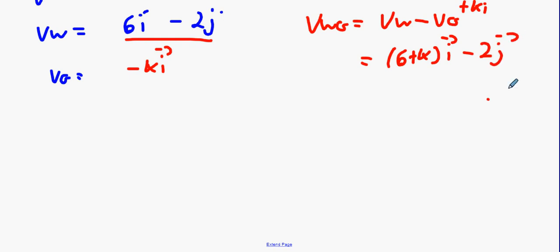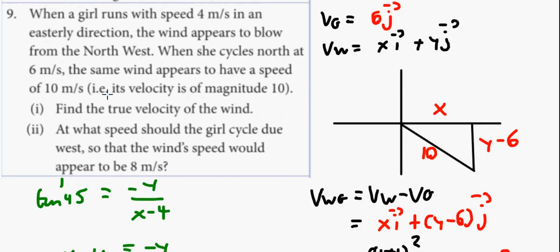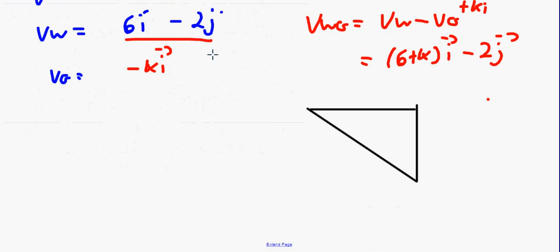and then minus 2j. Now what's this say about the magnitude of the wind? Has to be 8, doesn't it? That's what the question says. Reread the question. Has to be 8. So the hypotenuse is 8. That's 6 plus k, minus 2. We're going to square it anyway, so it doesn't matter.